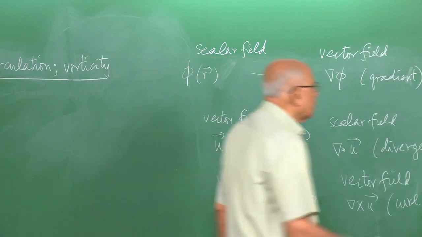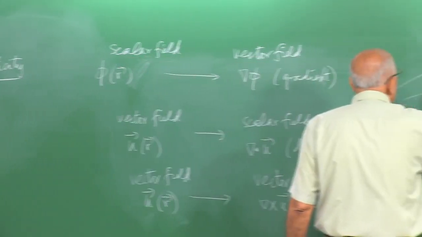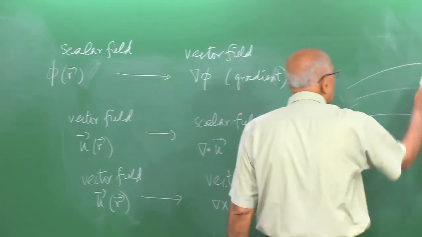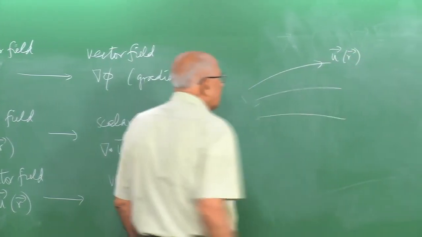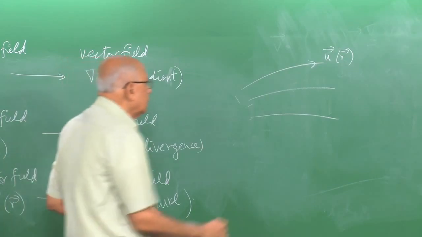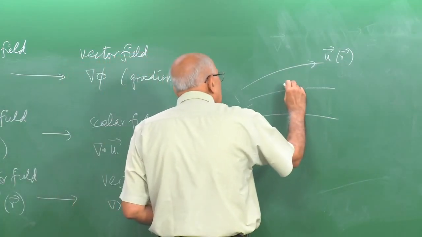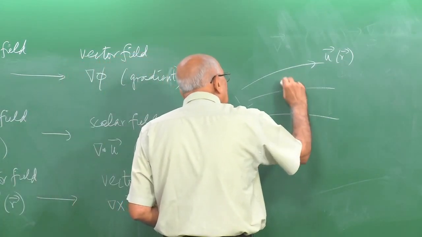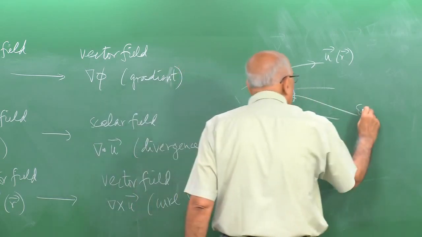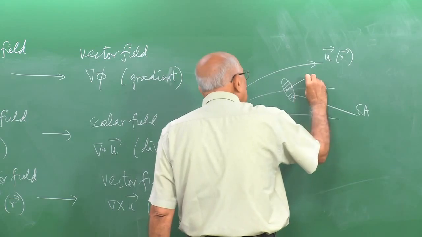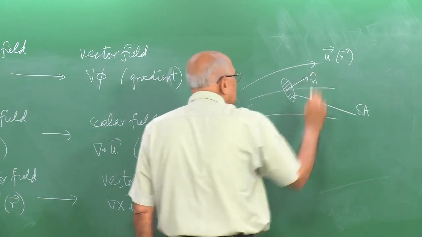Physically what it does is the following: if these are the lines of the vector field u of r, then at any point, say here, you take an infinitesimal area element delta A pointing along some unit vector n.